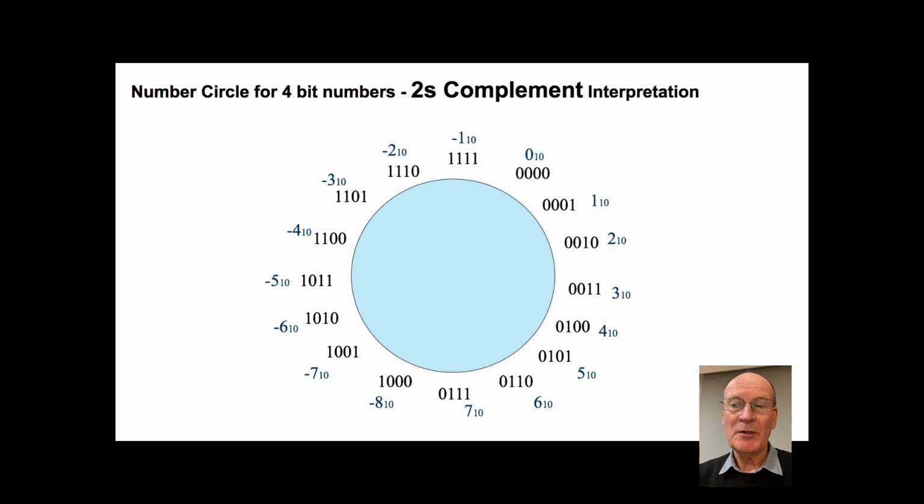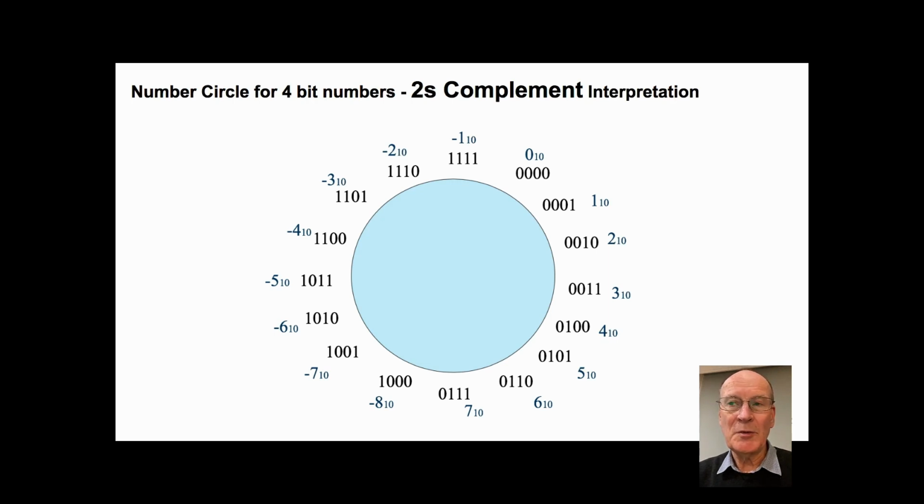It goes 0, 1, 2, 3, 4, 5, 6, 7. But then the next value, instead of being 8, is -8. And then it counts down, -8, -7, -6, -5, -4, -3, -2, -1, and then we're back to 0. Okay, and this interpretation of the bits is called 2's complement.